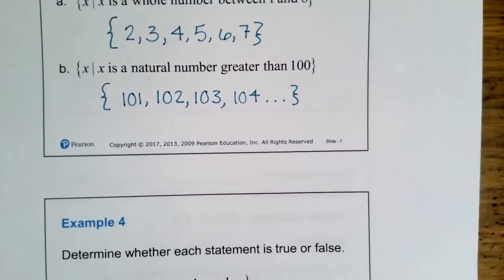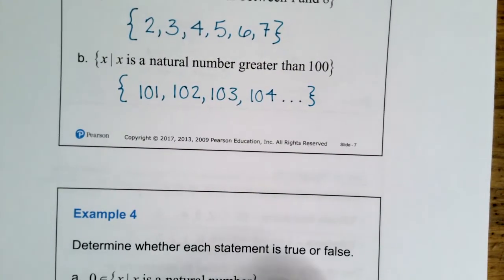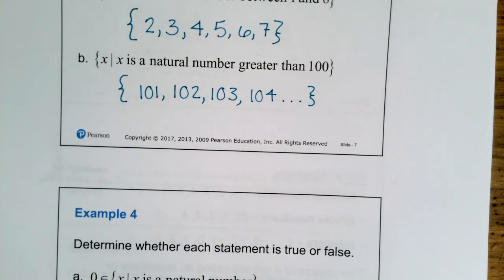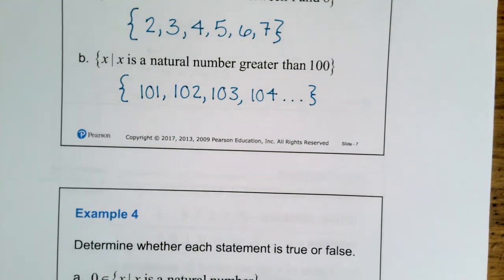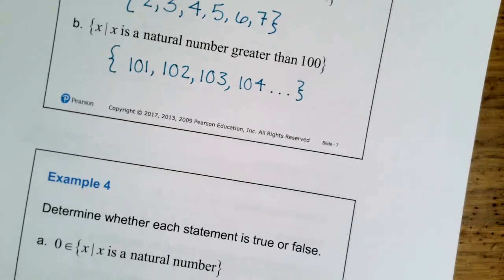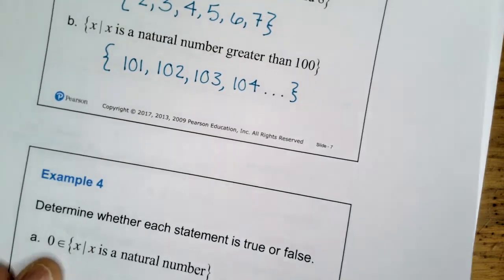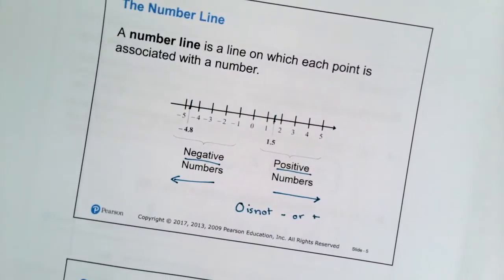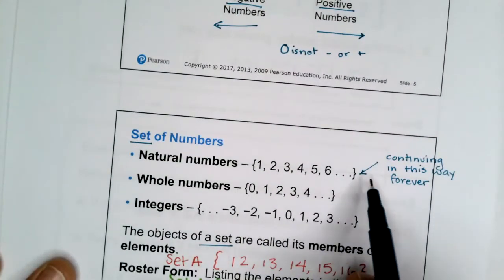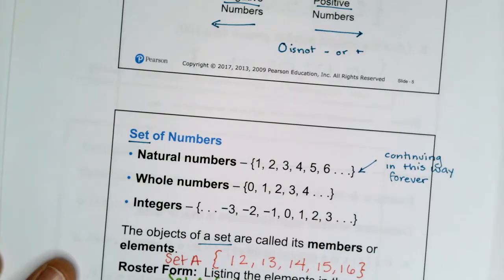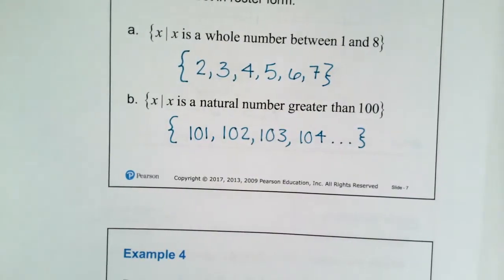All right. Determine whether each statement is true or false. 0 is an element, sorry, we should use the word element, of the set X such that X is a natural number. Let's look at natural numbers again. Natural numbers, 1 to infinity. 0 is a natural number.